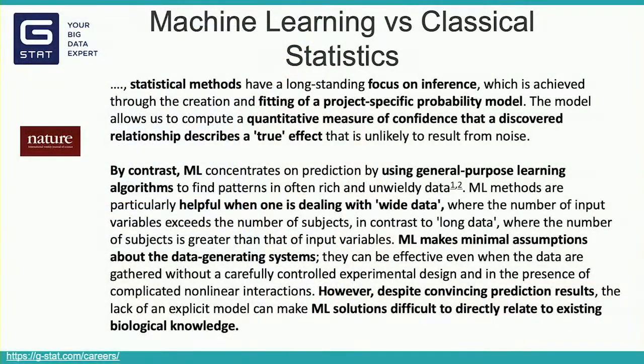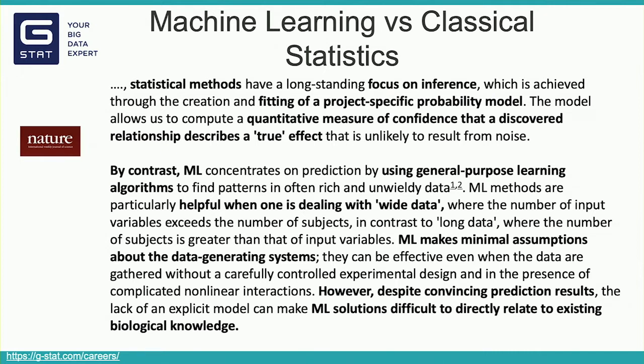And now comes the question, he calls it two cultures. What is statistics and what is machine learning? So statistics, we said, is based on probability theory. We have closed formal models that we can use for predictions and for optimization.